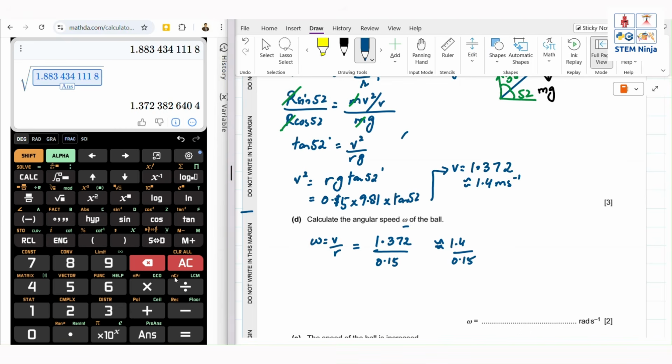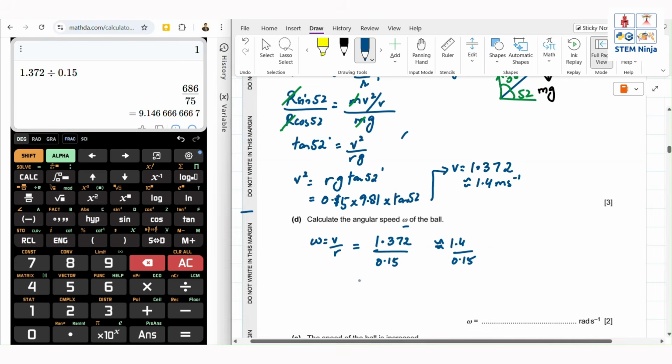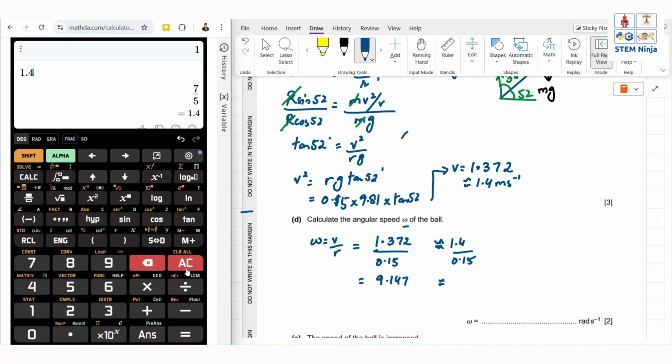So either way, you're getting the same thing. 1.372 divided by 0.15, you get 9.147. And the other one, divided by 0.15, gives 9.33.